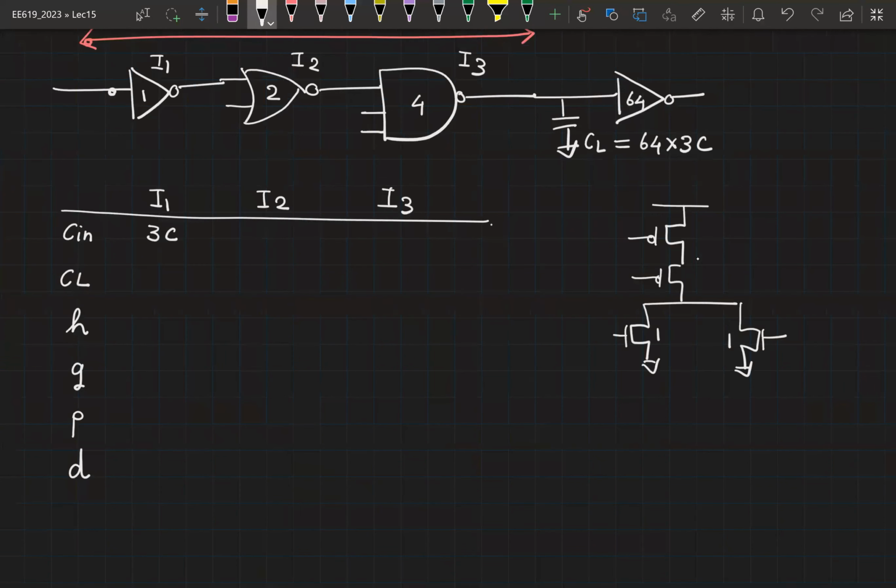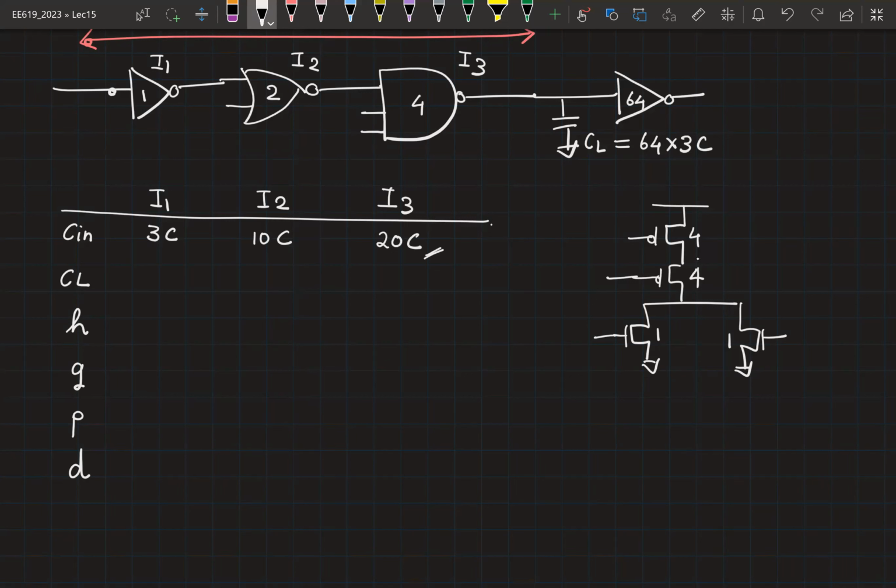So this is 1. What is the size? 4. So now what is the capacitance? 5C. Now this is sized at 2, which means all of the values will double. So you'll get 10C. I3, you should get 20C. Any doubts on this input capacitance?